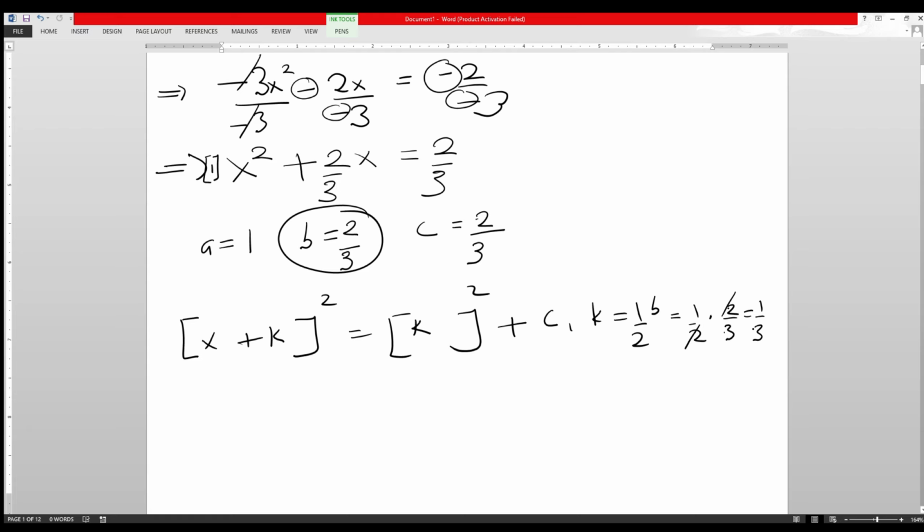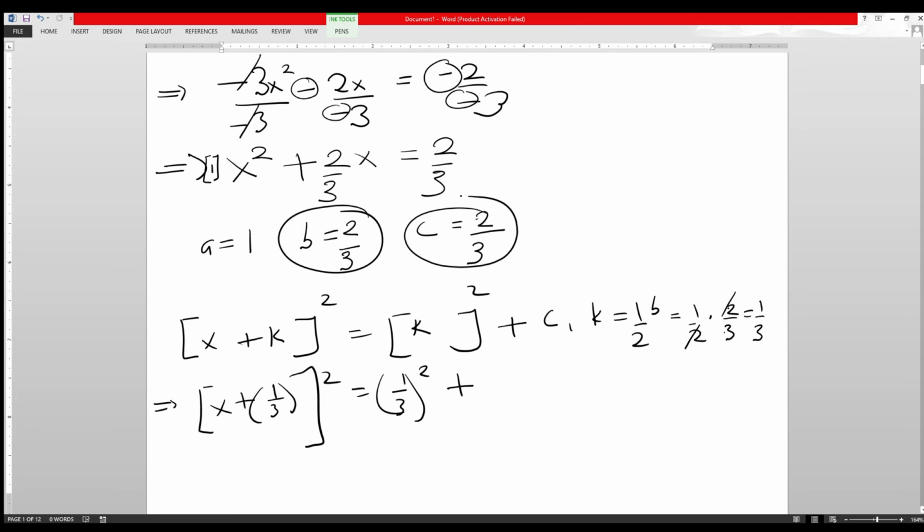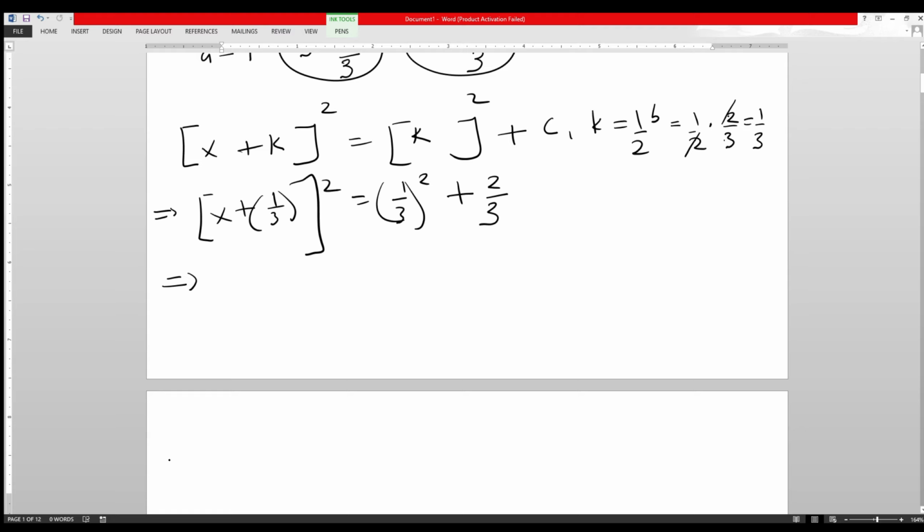Okay? So we can substitute. This implies we have x plus k, and k is now 1 over 3, all squared, is equal to k, which is 1 over 3, all squared, plus c. What is c? C is 2 over 3. Okay? Let's simplify further.